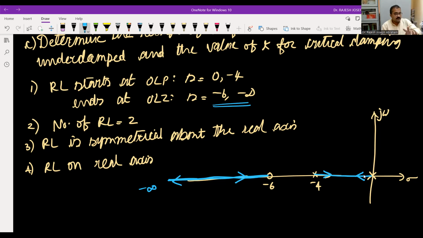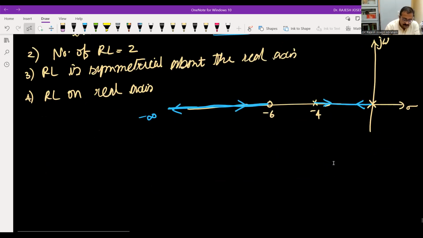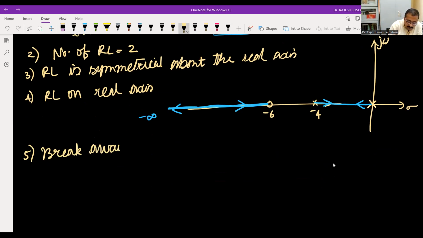Breakaway points occur between two adjacent poles if they are a part of the root locus. Similarly, break-in points occur only when you have two adjacent zeros that are a part of the root locus. So we have two adjacent zeros, minus 6 and minus infinity, and they are a part of the root locus, so there will be a break-in point here. That's a breakaway point and that's a break-in point. Let us find the breakaway or break-in points.